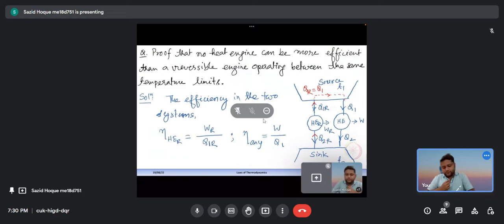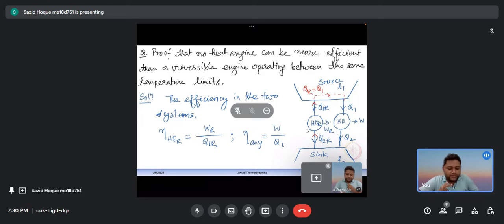So if you see here, I will show you a few proofs in between because that is most important to understand the second law. So we need to prove that no heat engine can be more efficient than a reversible engine operating between the same temperature limits. So we have two engines here.